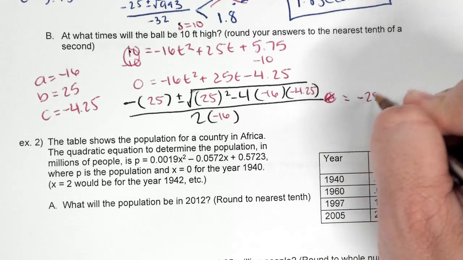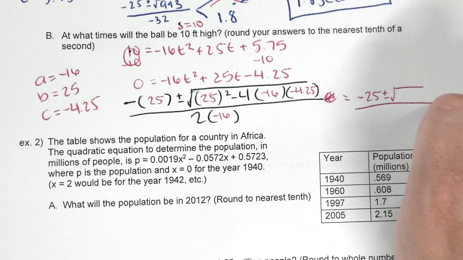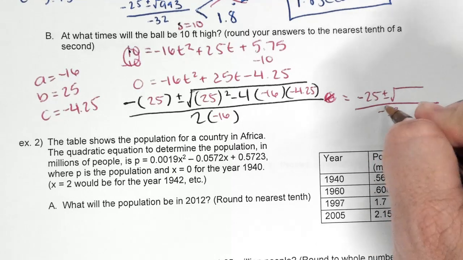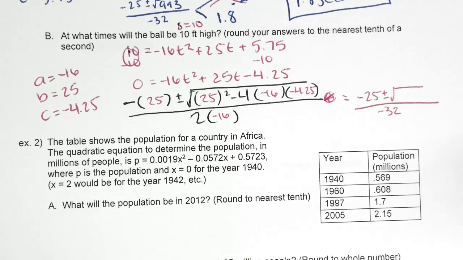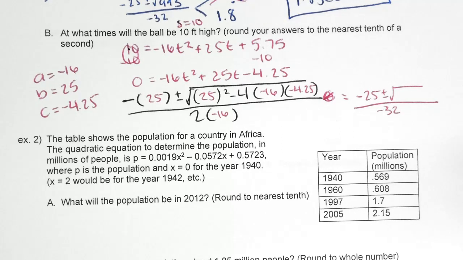I still have negative 25 plus or minus the square root of something over negative 32, but my discriminant changes to 353.